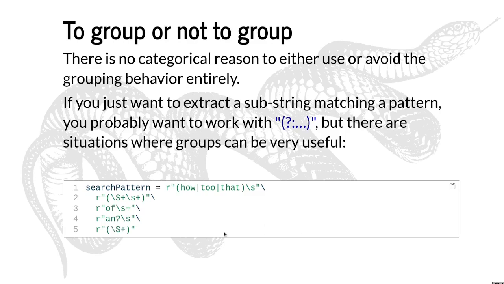It's not a perfect expression, but it is pretty okay for a first stab at the construction how to that adjective of a noun, right? That great of a deal, too much of a good thing, etc., etc. And what we get here is the first group, how to that.